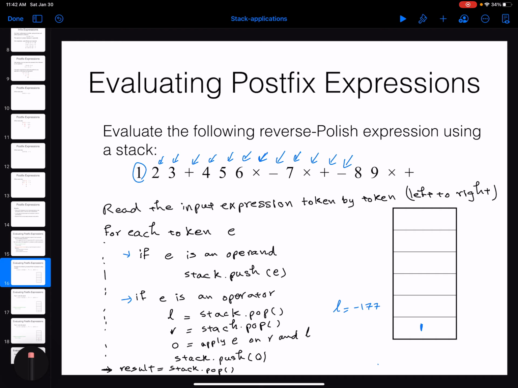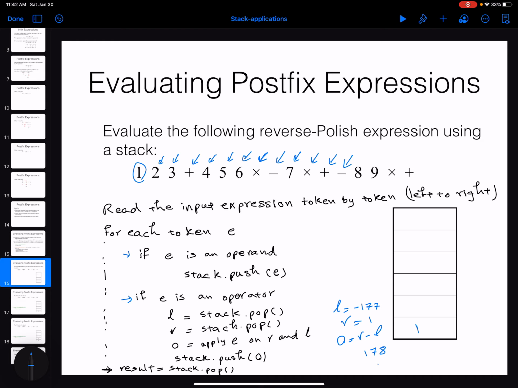And then R is going to be another pop. This is going to be 1. You apply the operator, which is minus, so O is going to be R minus L. Here the result is going to be 178. And this is going to be positive, right? And you push it back to the stack.